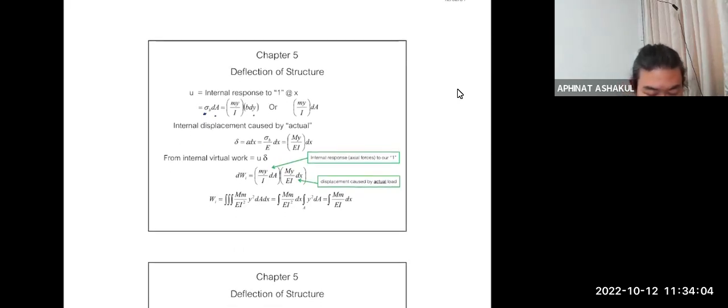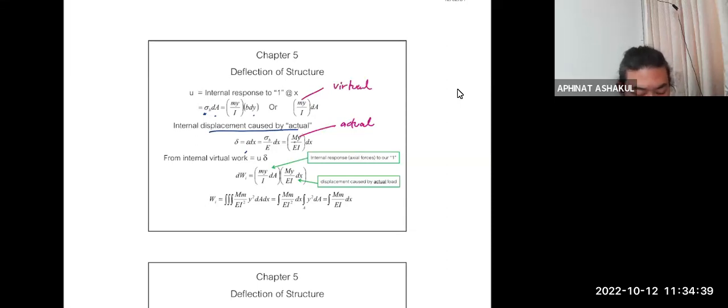And internal displacement is just the strain here, which is equal to epsilon multiplied by dx. That's strain at any location due to the actual force. So strain here is stress divided by the Young's modulus. So it's My over I, but this is big M, not the truck, but big M here is the actual, right? Small m here is the virtual.